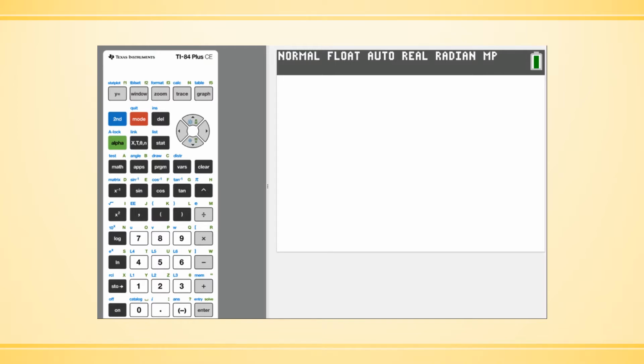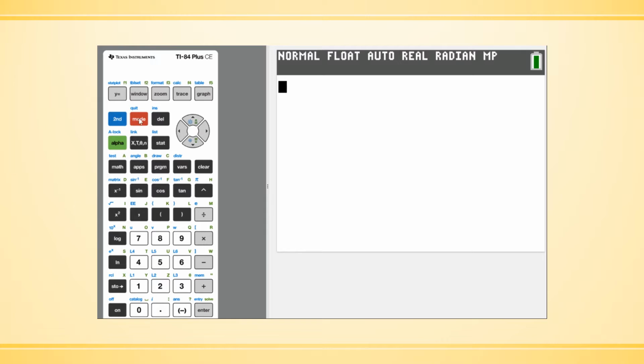Okay, we're going to find our angle measure using the inverse trigonometric function of the triangles that we looked at just before. But when we're talking about finding angle measures, angles can be represented in either degrees or radians. And so in this case, we're going to find the angle measure in degrees. But I always want to make sure that I'm in the right mode when I'm dealing with trigonometric functions.